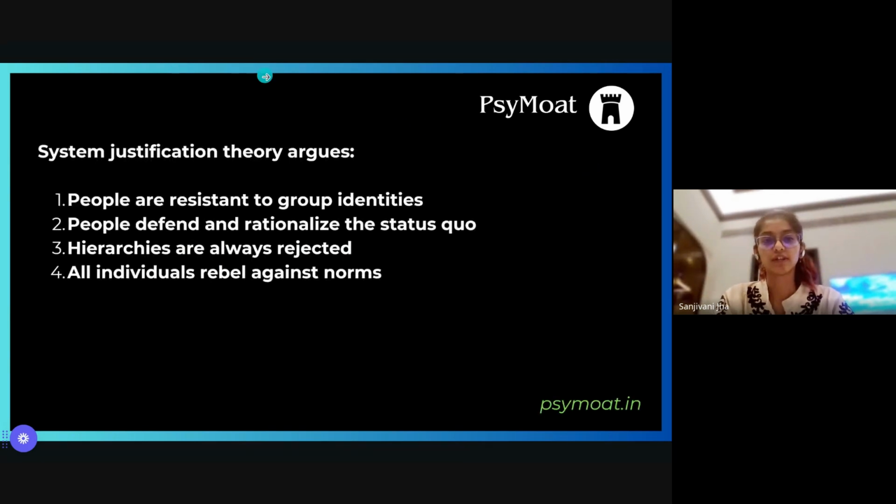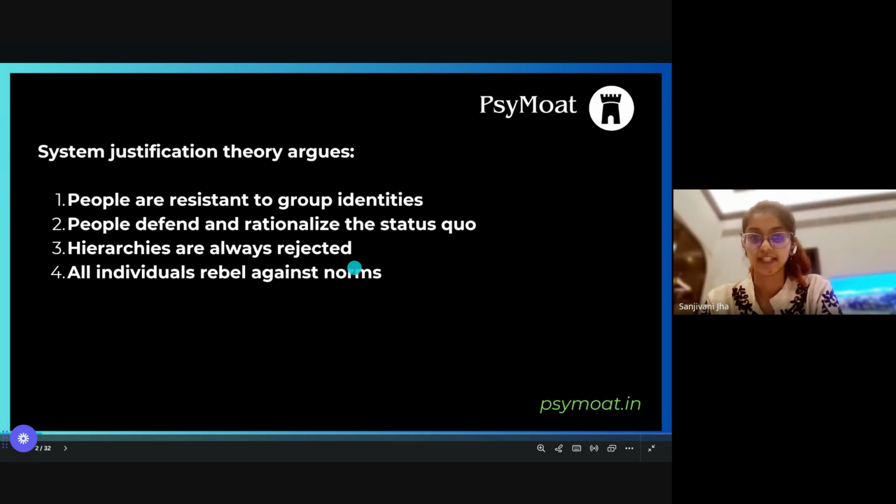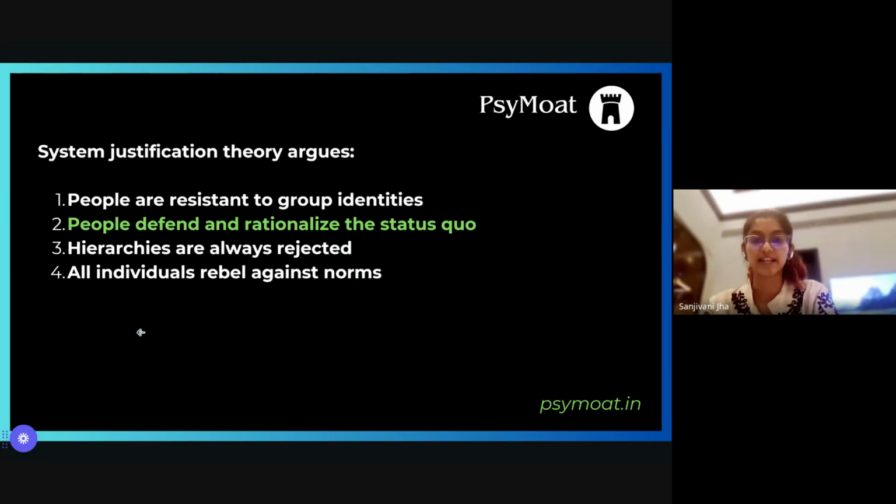So the first question says, system justification theory argues that people are resistant to group identities, people defend and rationalize the status quo, hierarchies are always rejected, or all individuals rebel against norms. Yes, correct. So people defend and rationalize the status quo.